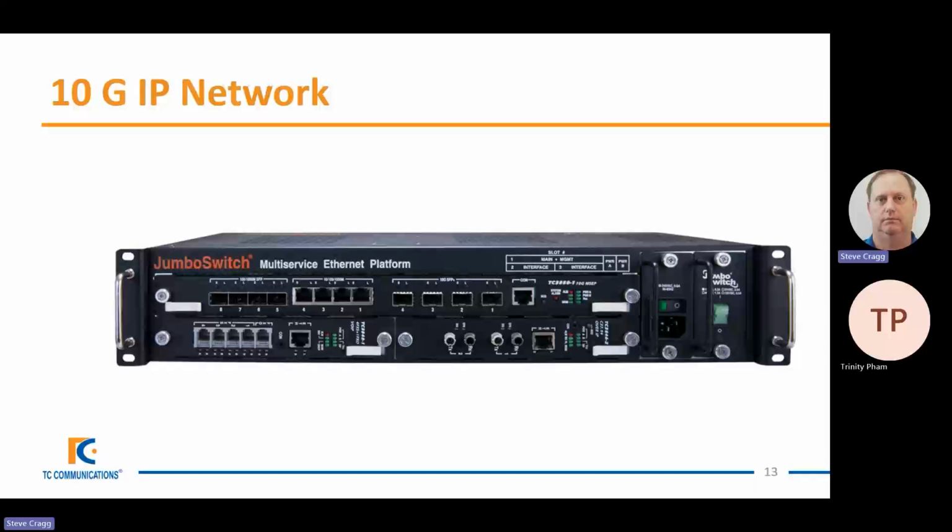I'm not going to go into this in great detail, but for those of you who are looking for something a little bit faster, we do have a 10G Ethernet platform as well. So you can see this is a 2U rack. The top row is the 10G.